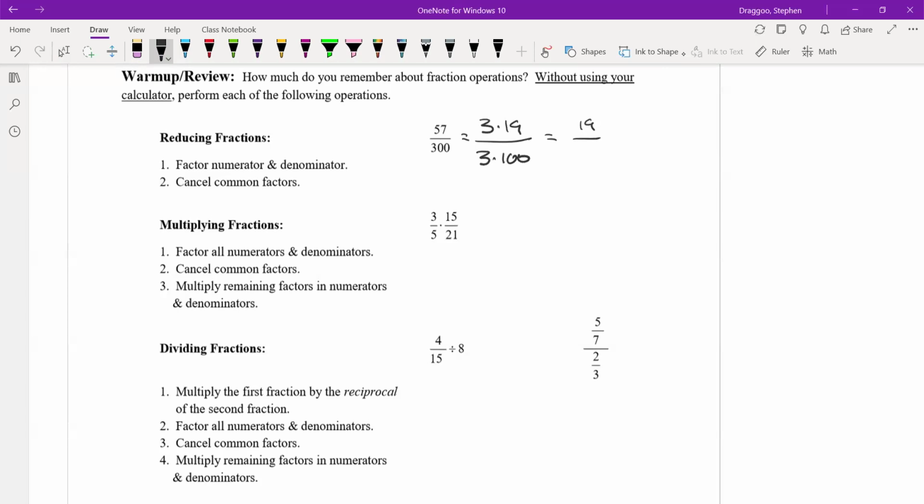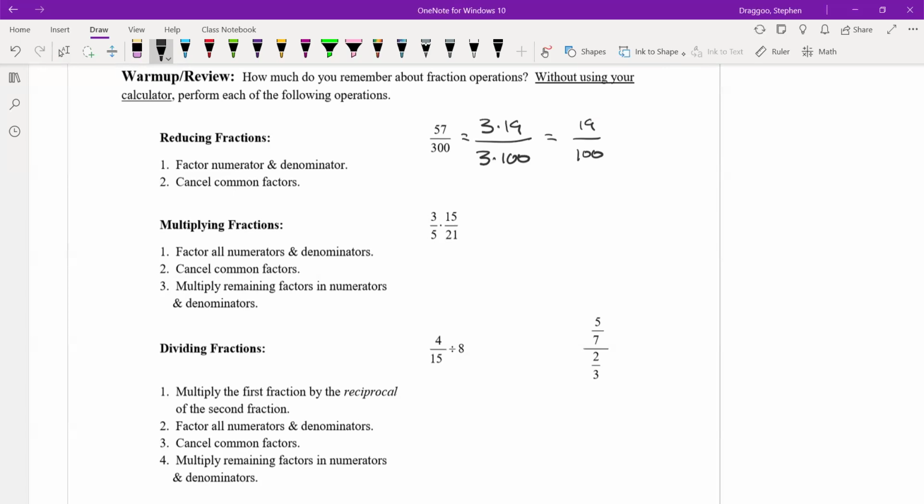So this is 19 over 100. I need to have the same factor in both top and bottom, and those need to be multiplied together. It doesn't count if I'm adding two separate numbers. I need to have a 3 in every term in that case.